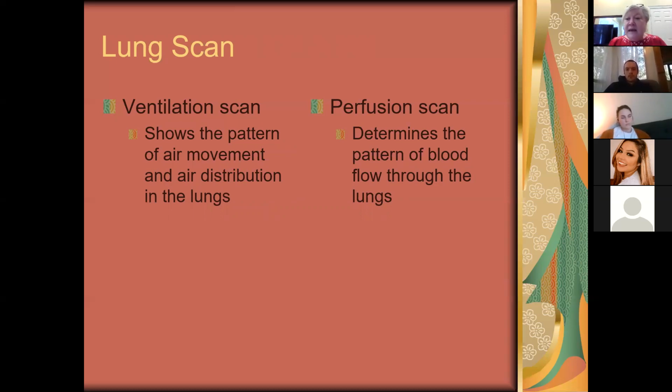And then after that, if your lungs look good, they will then inject this radioisotope. It's not a dye. It's not an iodine-based dye. It's just a radioisotope. They'll inject it, and then they'll watch it go through your lungs. And remember, this is on the vessel side. So if the vessel is blocked, then you're going to have an area that's not going to show that it got to it. And that would indicate a high probability of a PE.